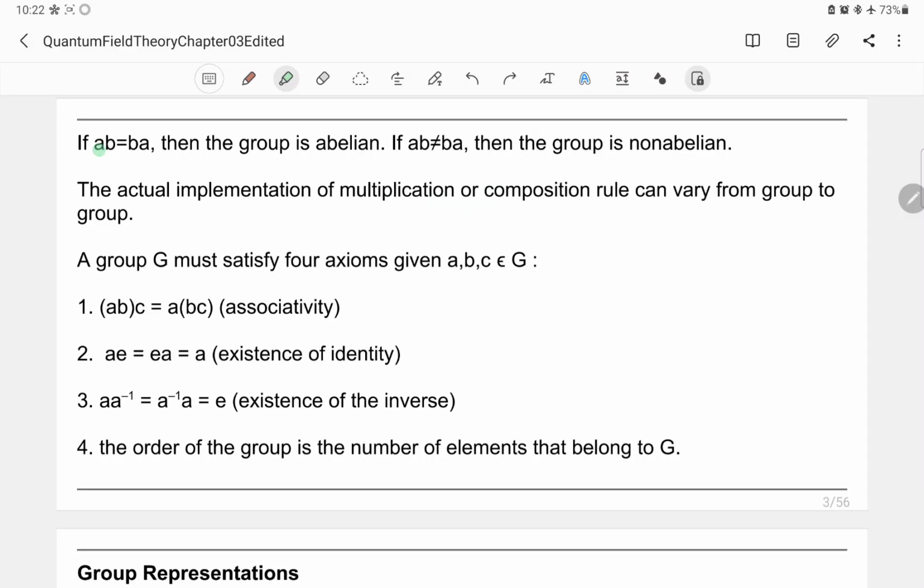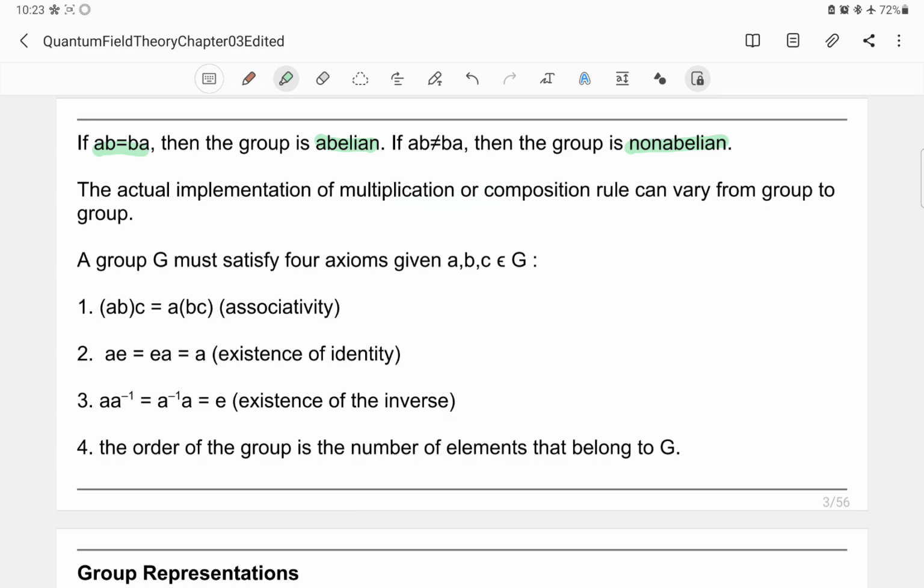If AB is equal to BA, then the group is abelian. We should remember this. And if AB is not equal to BA, then the group is non-abelian. The actual implementation of the multiplication or composition rule can vary from group to group.